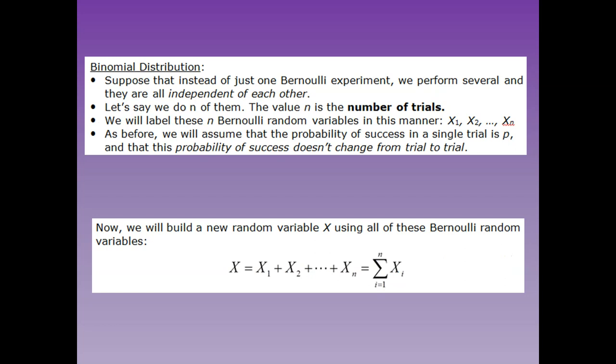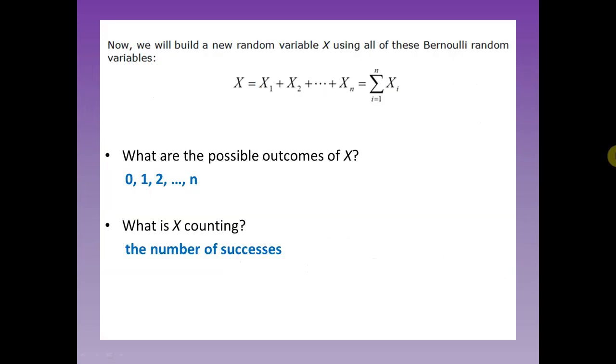X, in this case, would be a binomial random variable. For each Bernoulli random variable, the possible values are 0 and 1. So the smallest possible outcome of X is 0. If there's a failure in each Bernoulli random variable, then you'd be adding a bunch of zeros together and you would get 0. The largest possible value is n, which is what you would get if they were all successes.